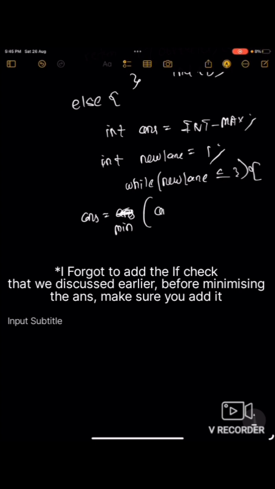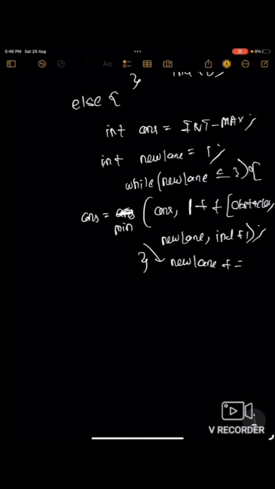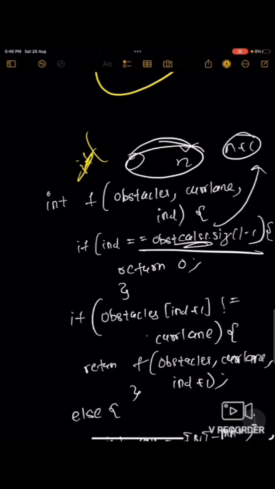Minimum of answer comma the jump that we are taking, 1 plus f of obstacles, new lane, and index plus 1. Sorry, here new lane plus plus. And after the while loop you'll be returning the answer that you got. So this is the entire recursive code.